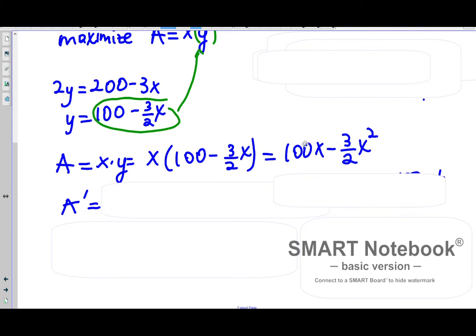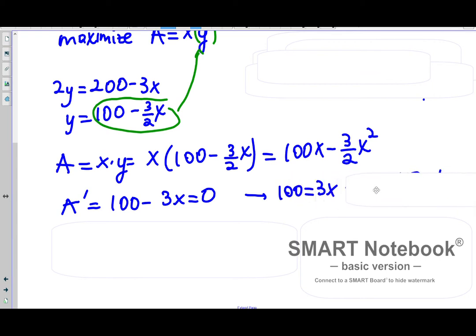So the derivative of 100X is 100, and the derivative of negative 3 over 2 X squared, you can bring the 2 down and the 2's will cancel. It'll be minus 3X. So set the whole thing equal to 0 and solve for X. You can add 3X to both sides and divide by 3. X equals 100 over 3. So remember, that's only one of the dimensions, and to get the other one, we need to take that and go back.